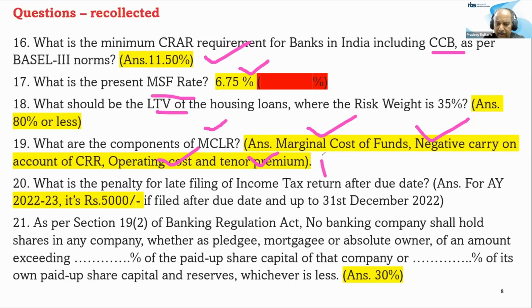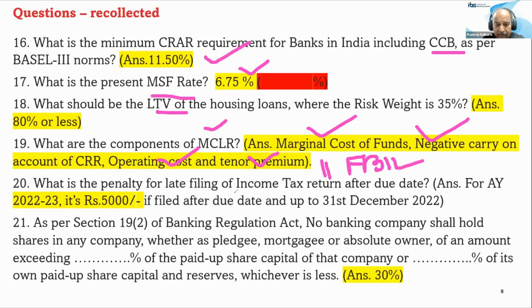In addition, we are following at present the external benchmark based lending rate, and for that there are external benchmarks such as the repo, as well as multiple benchmarks declared by FBIL, Financial Benchmark India Limited. Any one of them can be a basis for that. There are 5 benchmarks differently quoted. Have a visit to that.